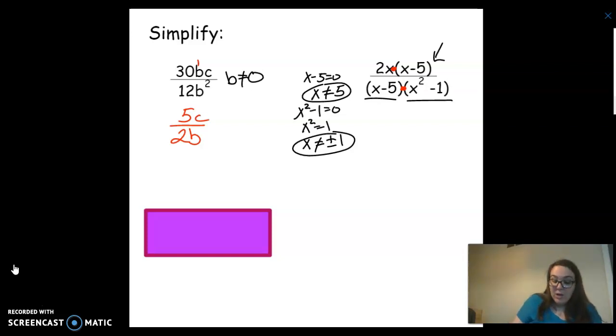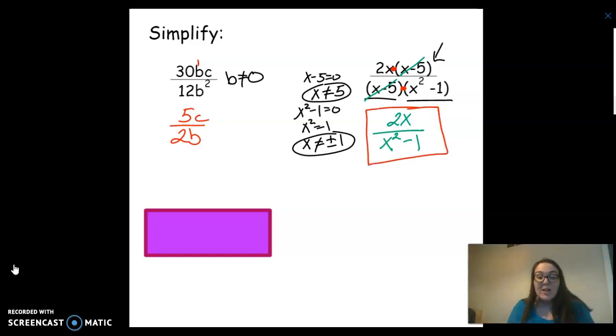That is why I can say this x minus 5 over that x minus 5 is equal to 1, and I am left with 2x divided by x squared minus 1. Because this numerator is not written as multiplication, and x squared minus 1 is not multiplication, this is my final answer. I cannot simplify the x's, because my numerator and my denominator are not written as multiplication. That is as simplified as it can get.